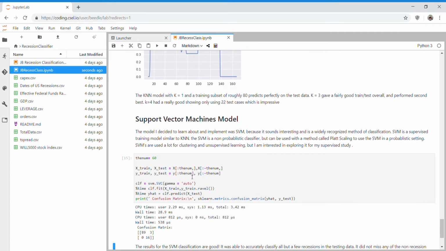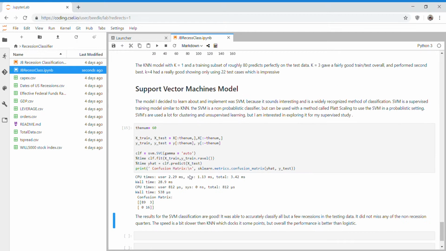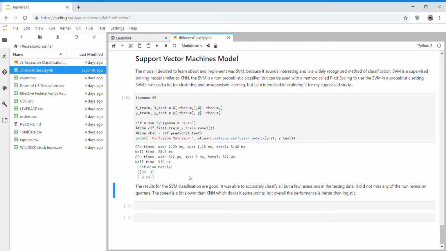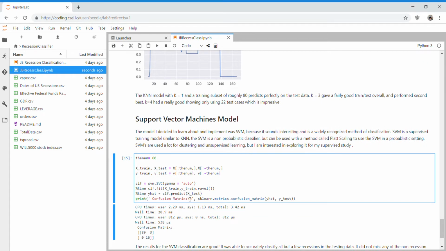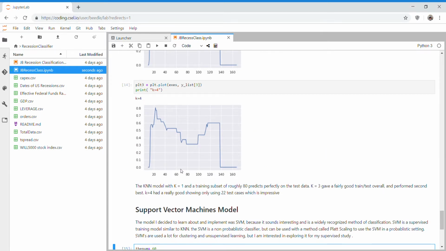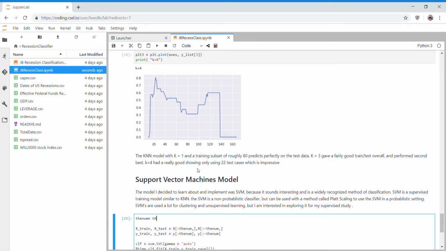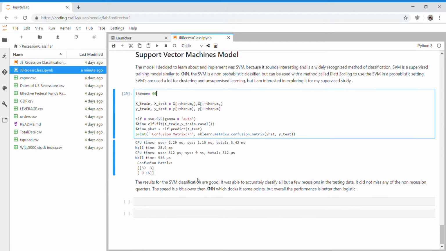The support vector machines model had a very, very good test, I would say, because as you can see in our confusion matrix, it tested very well on just 60 training data. So it did better than K nearest neighbors around there at 60 train.